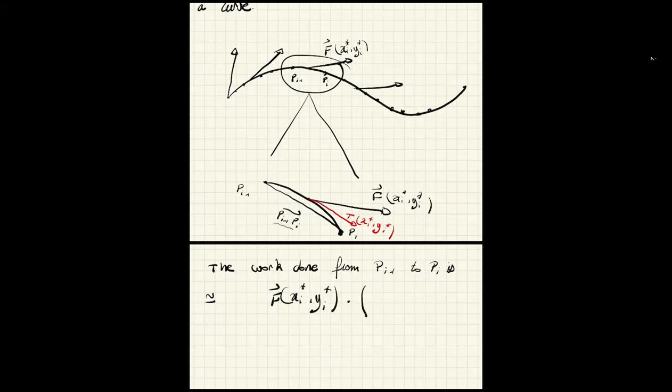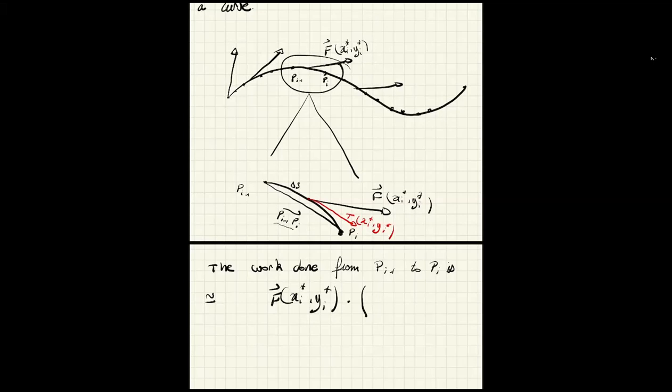But here's the thing, this vector P_{i-1}P_i has a length. Let's call this delta s. Remember, delta s is the length of the curve from P_{i-1} to P_i, which will be approximately given by the length of this segment.